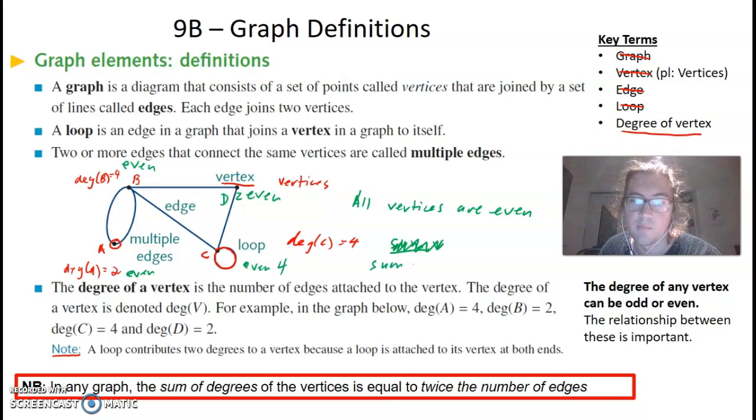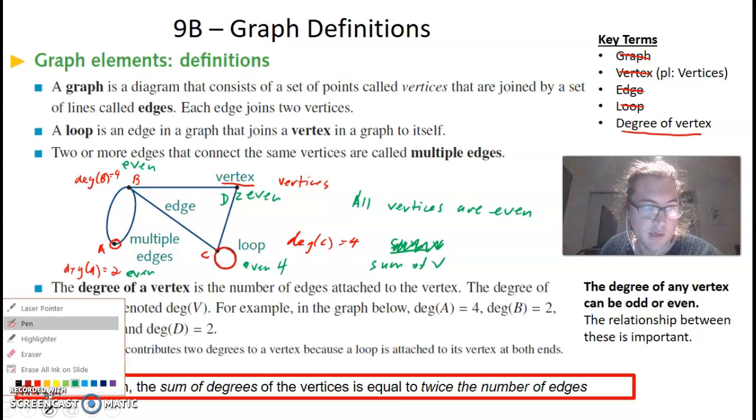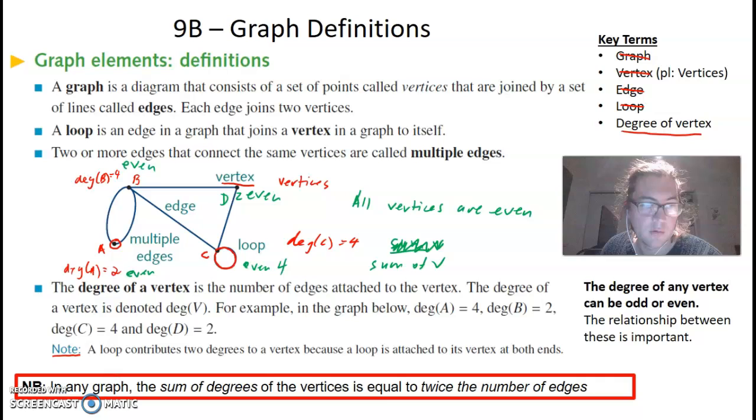The sum of V, I'll change colour, so I can say that's 2 plus 4 plus 4 plus 2. Is that right? 2 plus 4 plus 4 plus 2. So the sum of the vertices in this case is going to be 12.